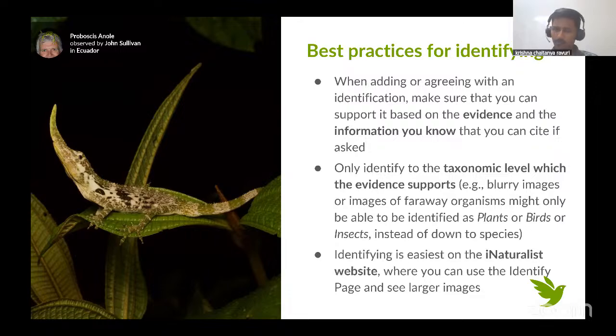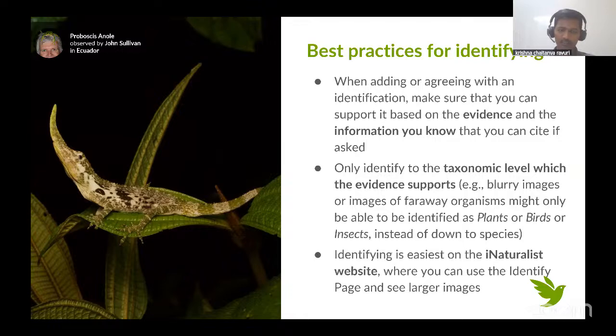The images we see in this presentation are all from observations on iNaturalist, but we don't always get perfect images like this. It's again citizen science, and a lot of observations are going to be pictures taken from mobile phones, which may not be able to take perfect images like that.